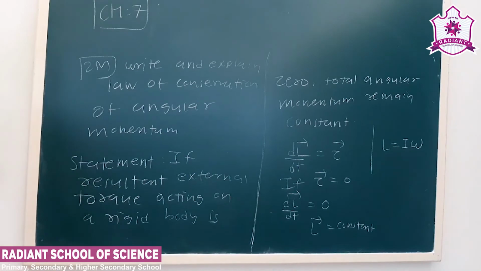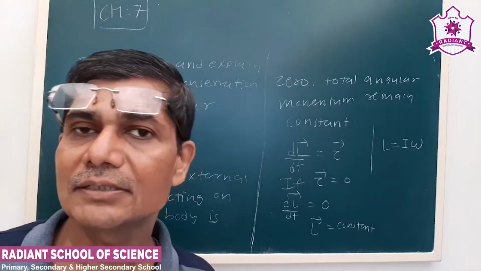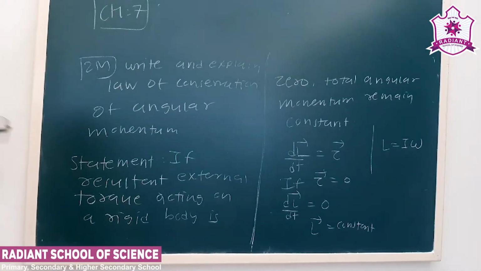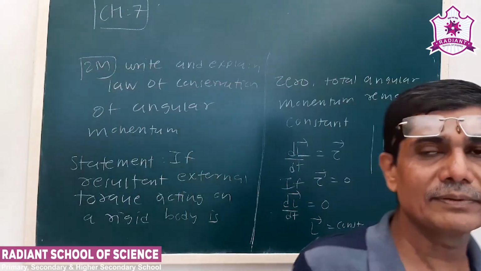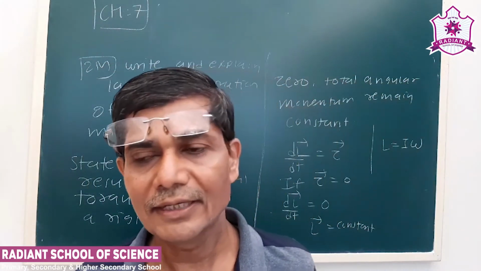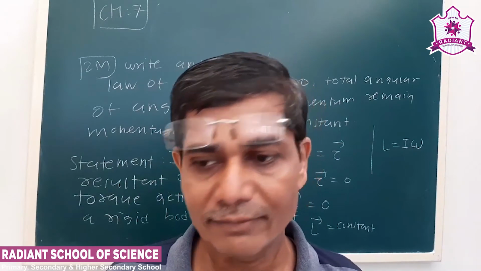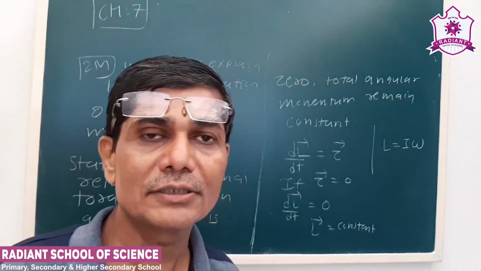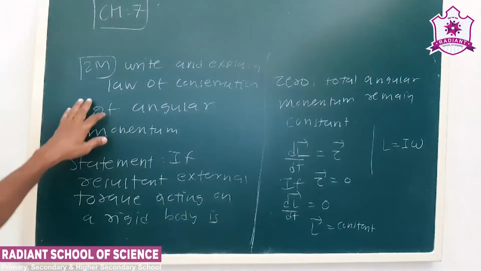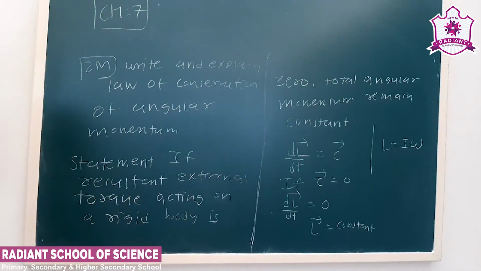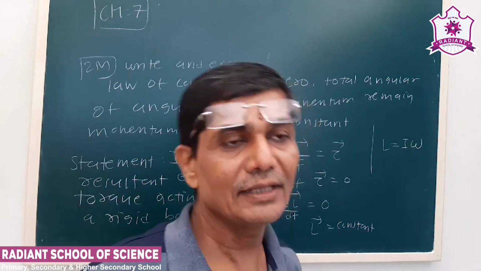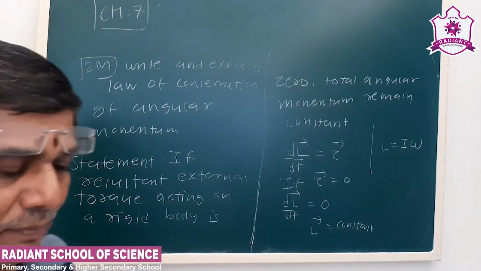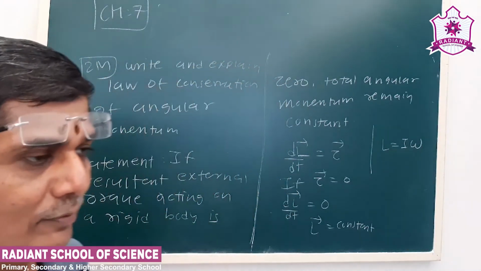In lesson number 8 we will study Kepler's second law, in which we will study the areal velocity. The areal velocity remaining constant is also a consequence of the law of conservation of angular momentum. That theory part should be in this lesson, but we will prove it there.